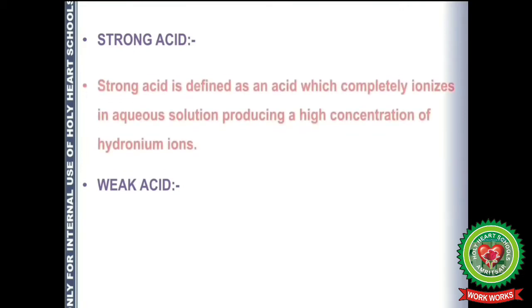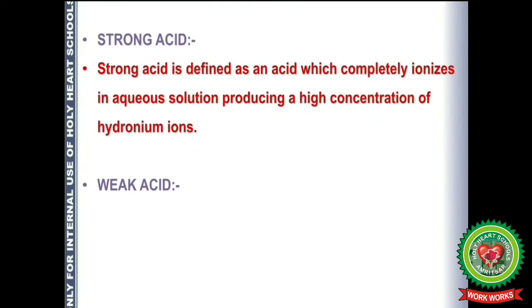So what are strong acids and weak acids? A strong acid is defined as an acid which completely ionizes in aqueous solution, producing a high concentration of hydronium ions. We have already discussed this part. A strong acid will have a high concentration of hydronium ions when it dissolves in water. Examples: HCl, H2SO4, HNO3.